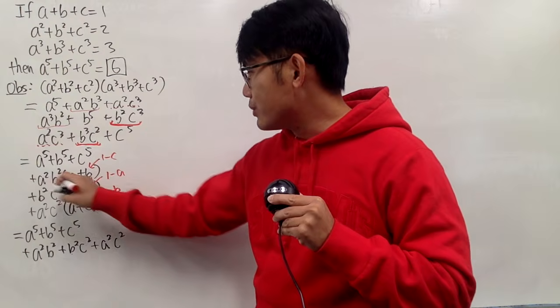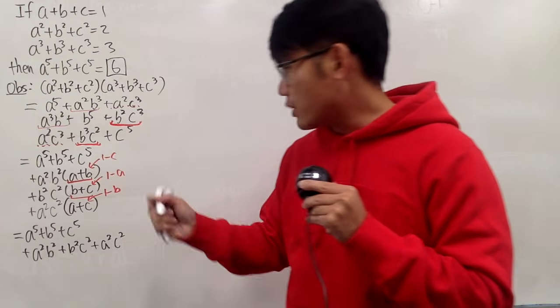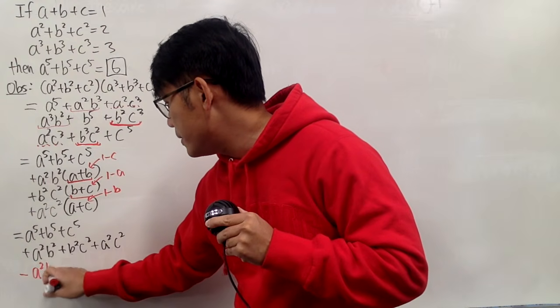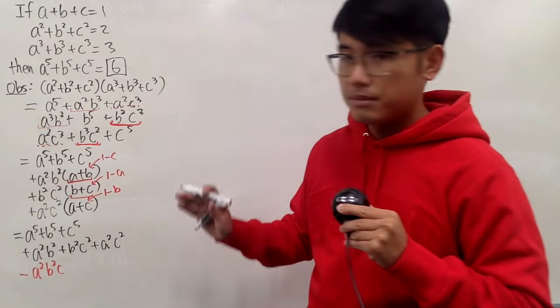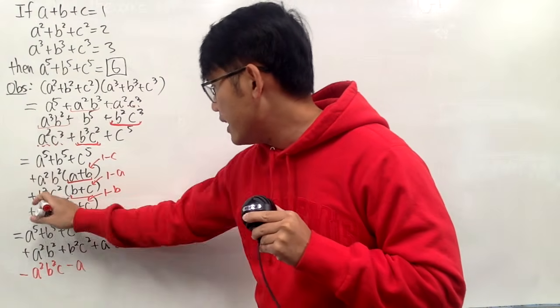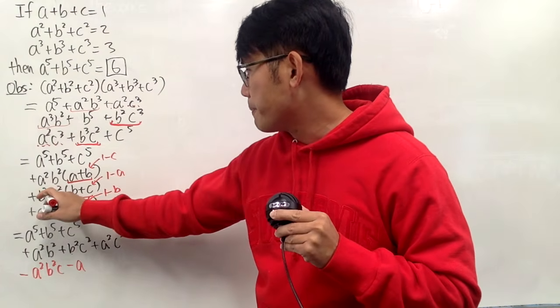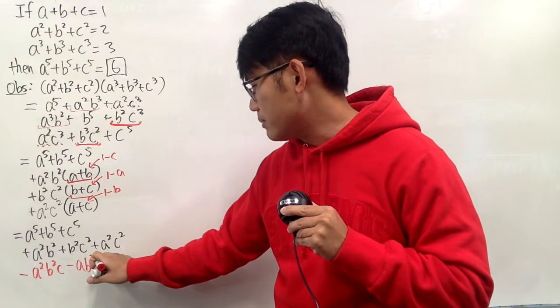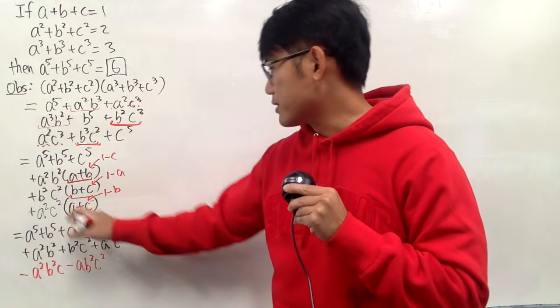But now we have to do this times that, and that's minus. So we have to minus a squared b squared c, right? And we have this times that is minus a, and we have the b squared c squared. Oh, the a is kind of lonely, but it's okay. The c is only here too, so that's good.